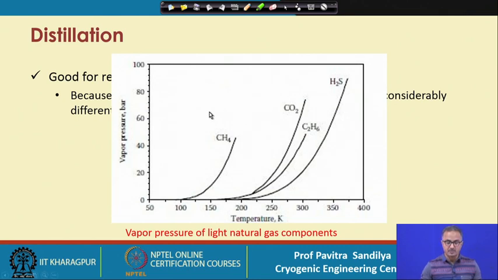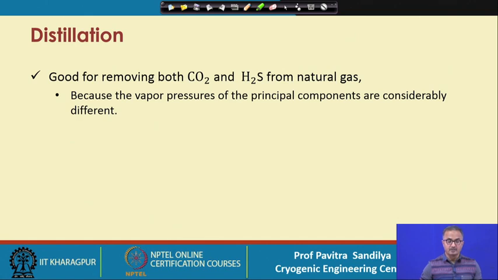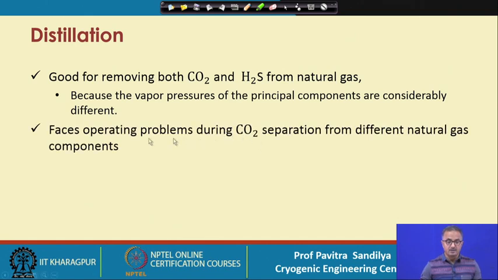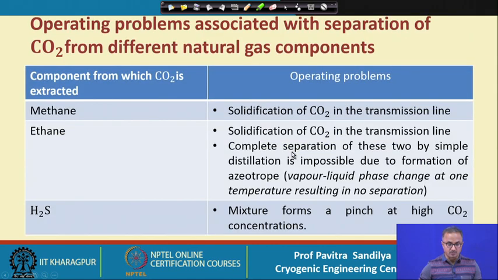And here we have the vapor pressure chart for these gases, where we find that the vapor pressures of carbon dioxide and H2S are quite different from that of methane. And these distillation faces operating problems during carbon dioxide separation from different natural gas components.